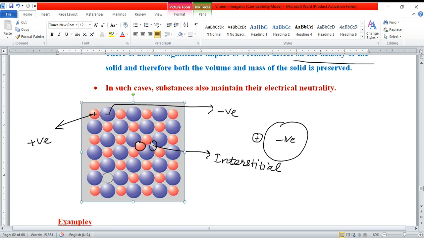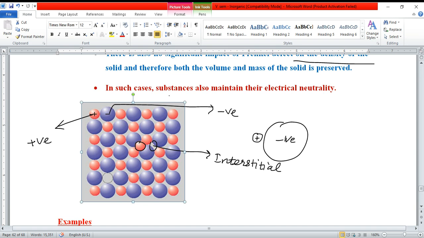Therefore, no density change is observed, unlike in the Schottky defect, because in the Schottky defect both cations and anions are simultaneously removed from the crystal permanently. But here, the cation is occupying a position just nearby.